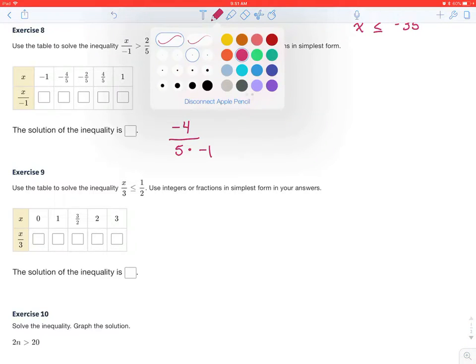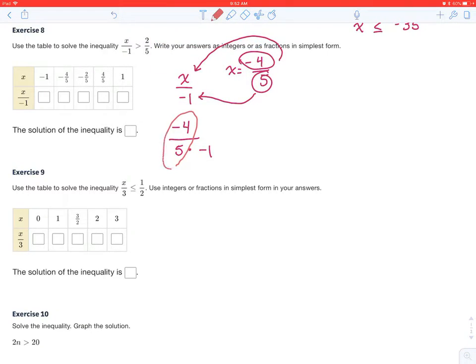So we just plugged in that fraction, -4 over 5, and then you multiply out the bottom number, so this is going to give you -4 over -5, which equals +4 over 5, because the negatives cancel out. So just keep an eye on that. I know it's a little odd, but definitely doable.